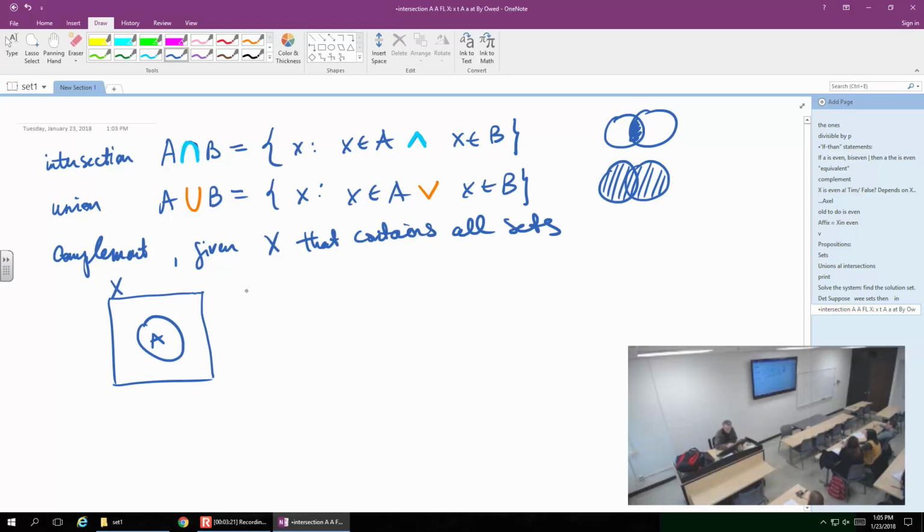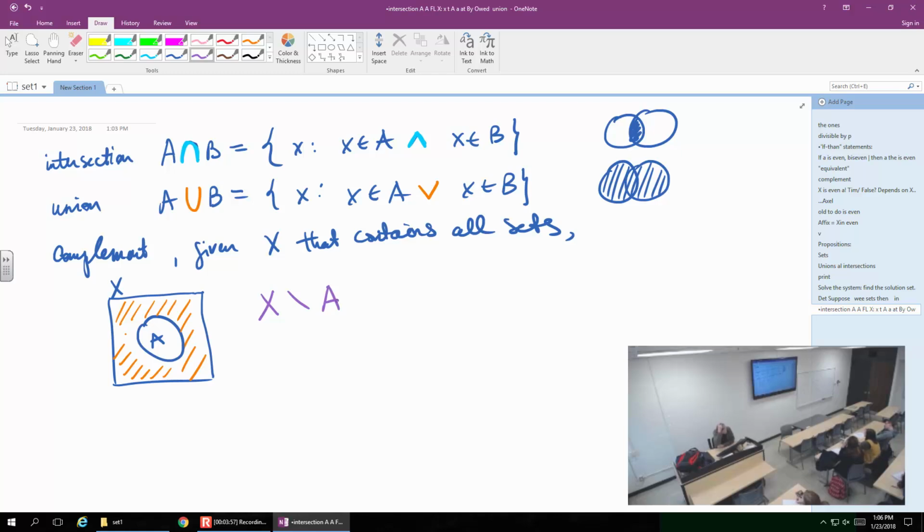So the complement is, well, let me just illustrate it. This is the complement, right? So the notation is X minus A. The minus is turned into a backslash, even though sometimes you see an actual minus. I prefer this for the time being.